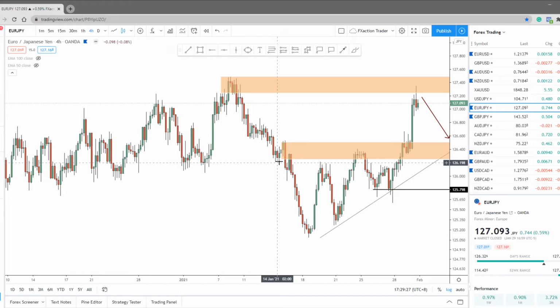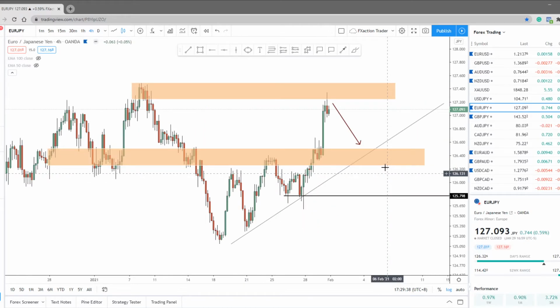So we can wait patiently when price is going to pull back to this trend line level, and we can look for an entry on H1 or even lower time frame, as long as we have more confirmation and the price is in our comfort zone.